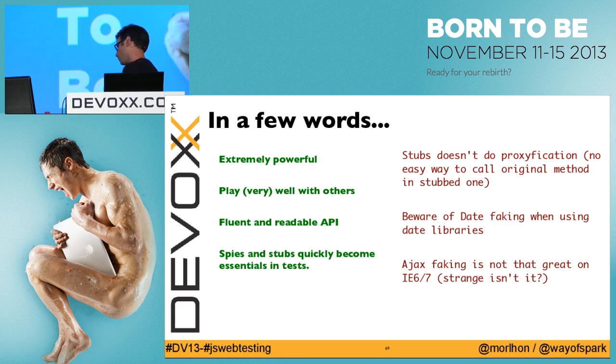On another level, I think the spy API of Sinon is simply the best of any framework. The Jasmine one is not that great. Even in Karma or anything else, I think the Sinon API is the more complete.